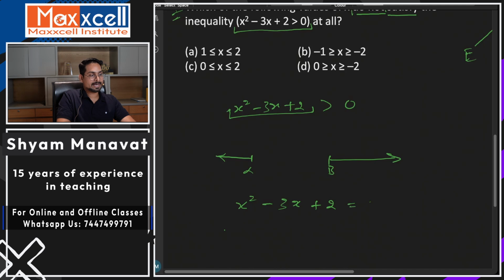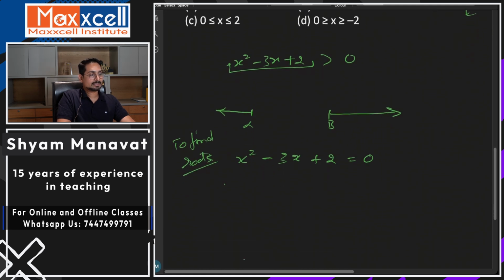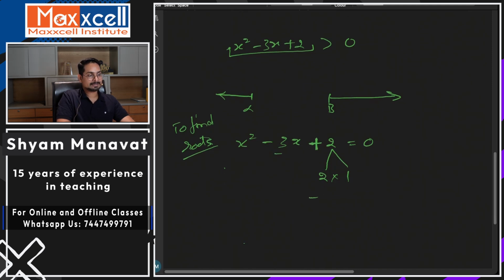So to find roots, I say that this is equal to 0. In that case, here we divide this constant into two parts such that the product is the same and the sign here is plus. Their addition should be equal to -3. So here I can say -2 minus 1 is equal to -3.